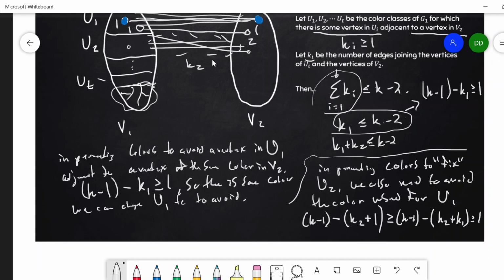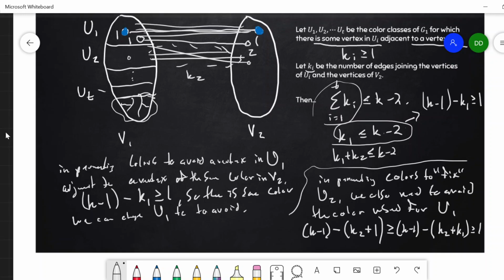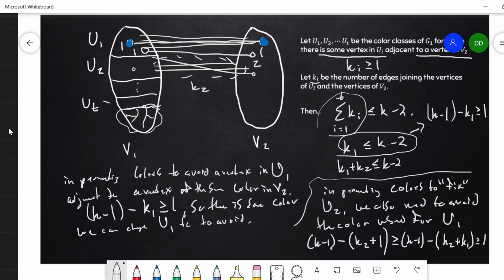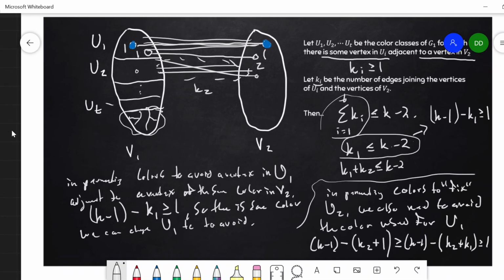And in any case, I can fix that color class and end up with a coloring so that no two vertices that share the same color are adjacent. Hence, G is K minus 1 colorable, which is a contradiction because we assumed G was K critical and hence K chromatic. And so that proves this result.